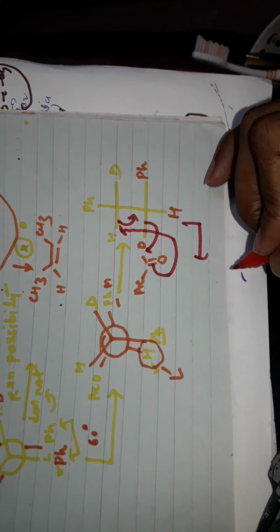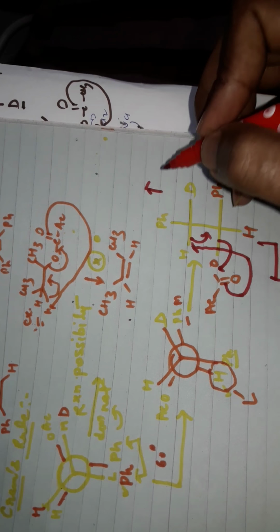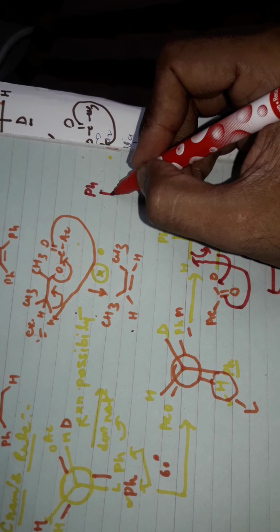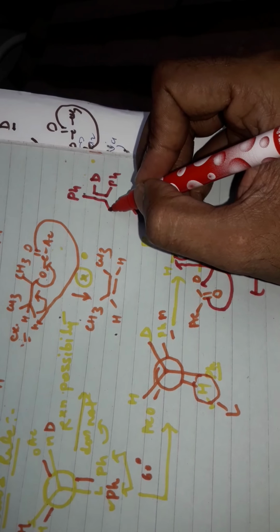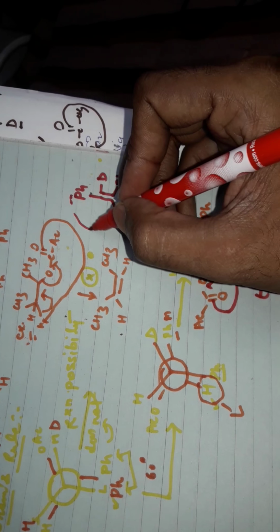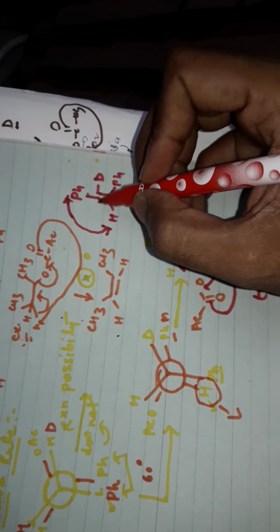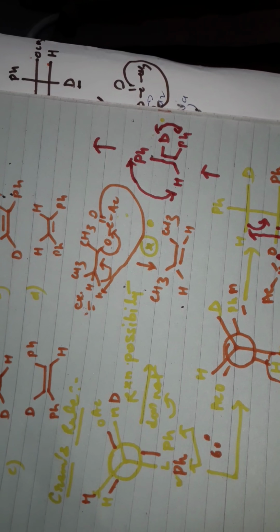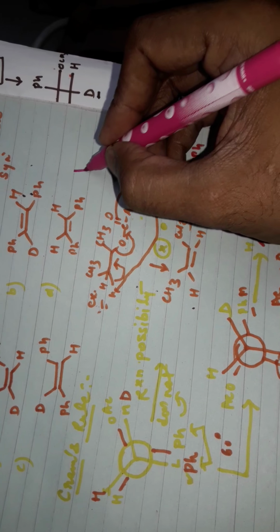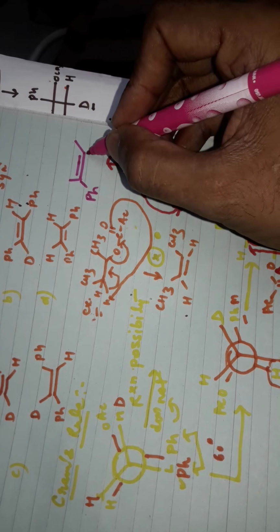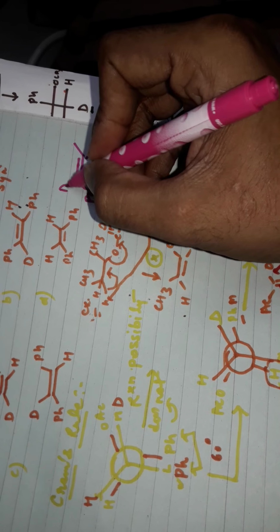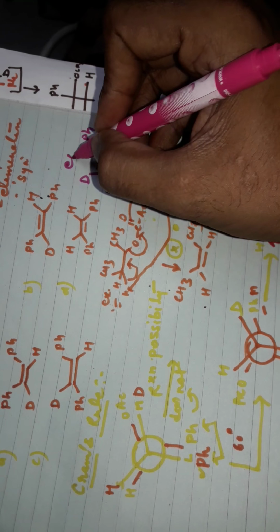So your products will be like that: Ph, there should be an alkene, and there should be D, and there should be Ph and H. Ph and H should be on one side, D and Ts should be on one side, so it is your exact product.